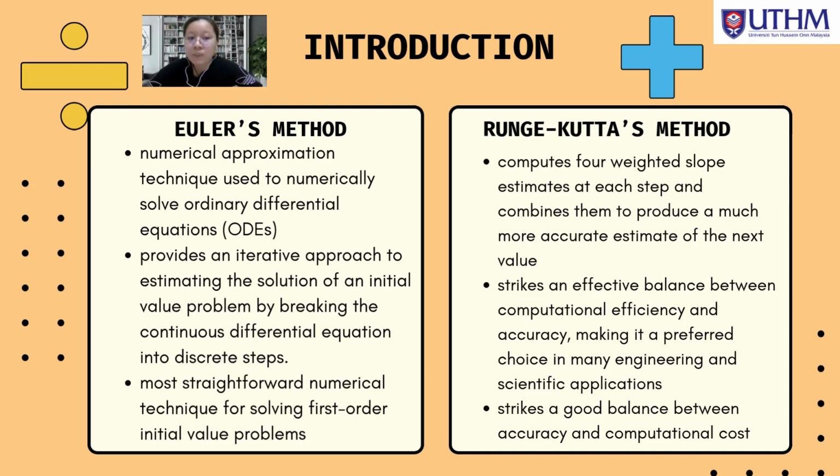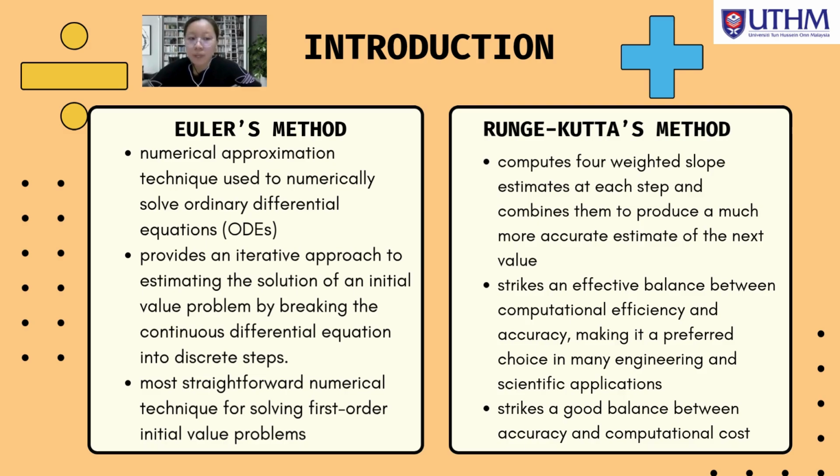The Euler method is the most straightforward numerical technique for solving first-order initial value problems. The second method is the Runge-Kutta method. A major advancement in the field comes with the Runge-Kutta family of methods, especially the fourth-order Runge-Kutta method, which has become the most commonly used technique in practice.